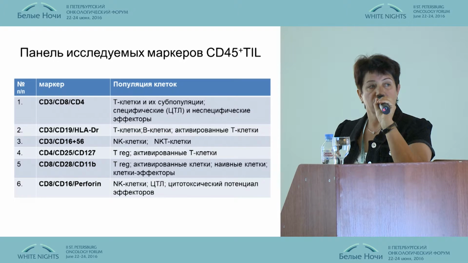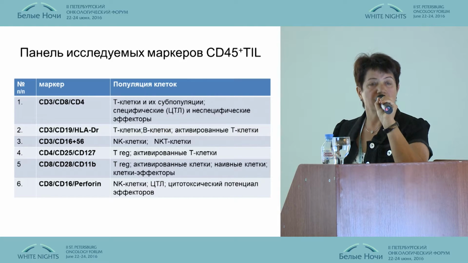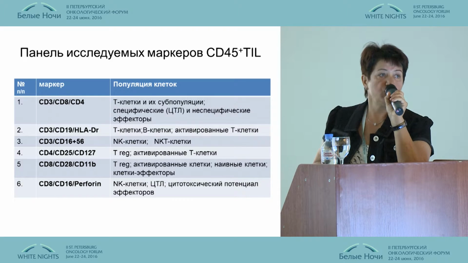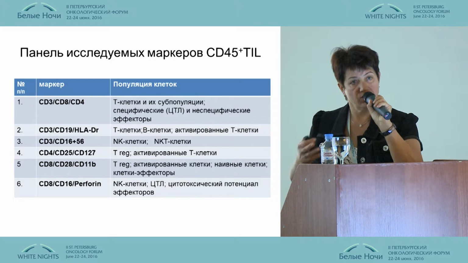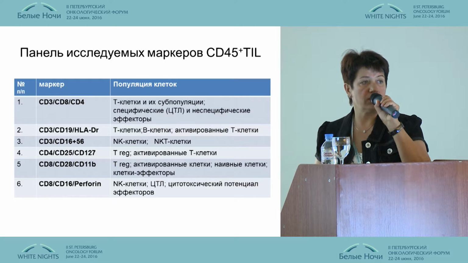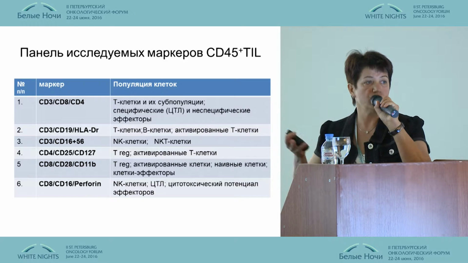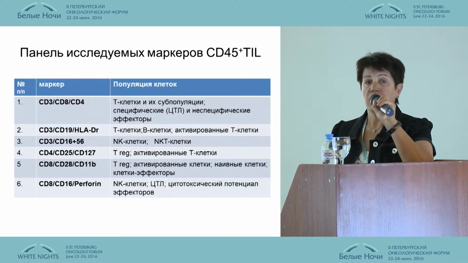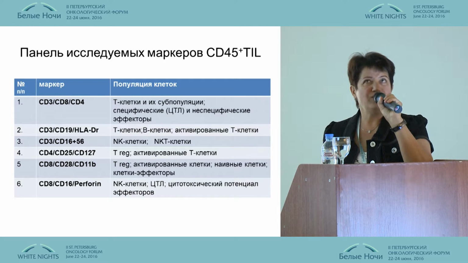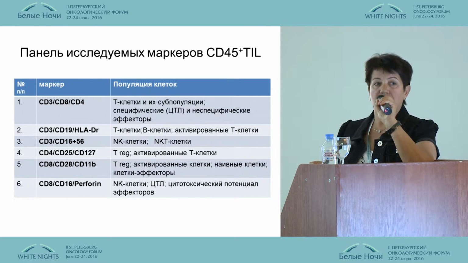This is our marker panel. It must be universal. Sometimes we obtain this specimen during surgery, but in case of melanoma, we usually perform core biopsy to obtain the specimen. So these fragments of tissue are usually evaluated histologically in terms of pathomorphosis and so many other research.